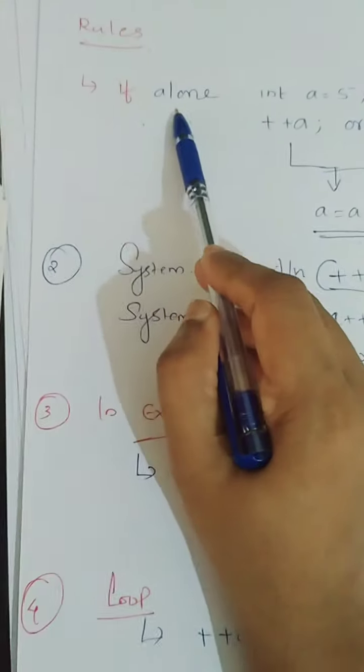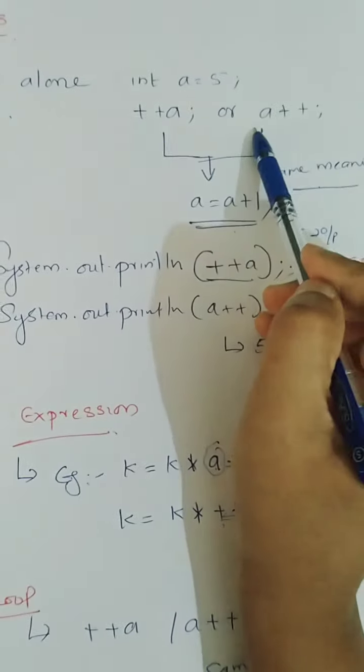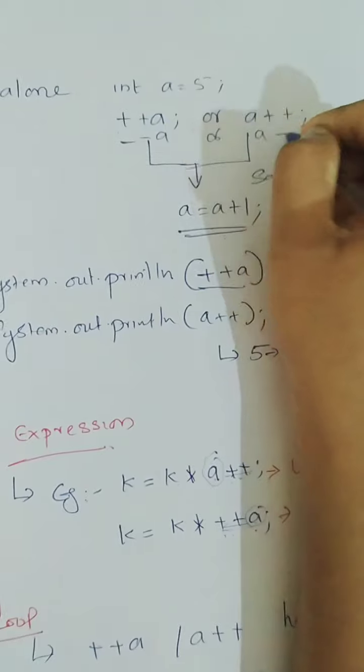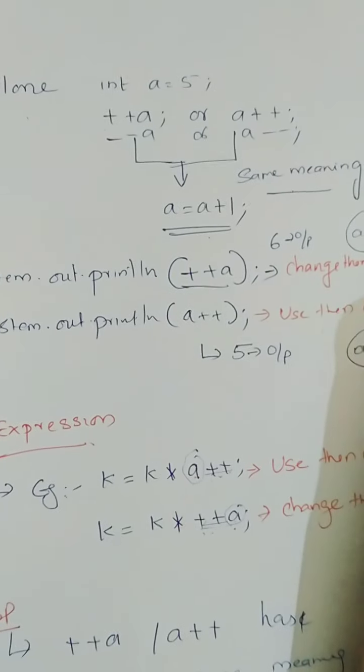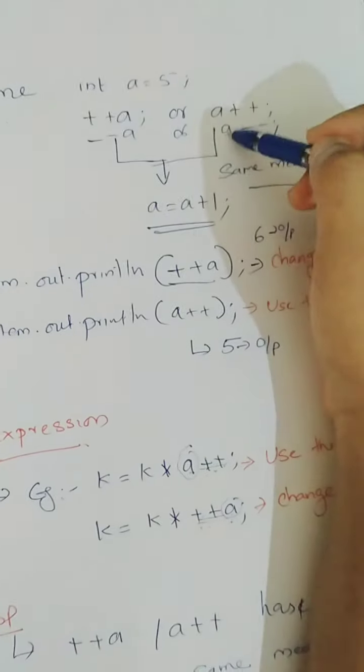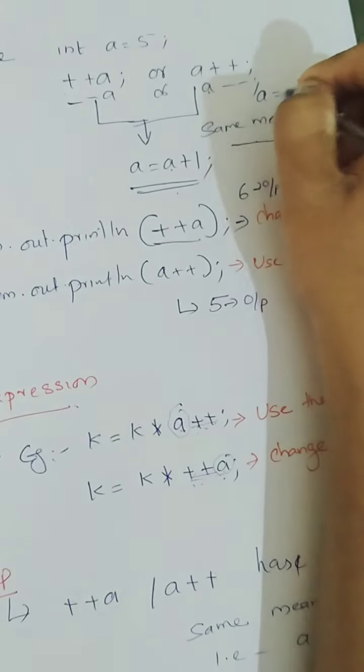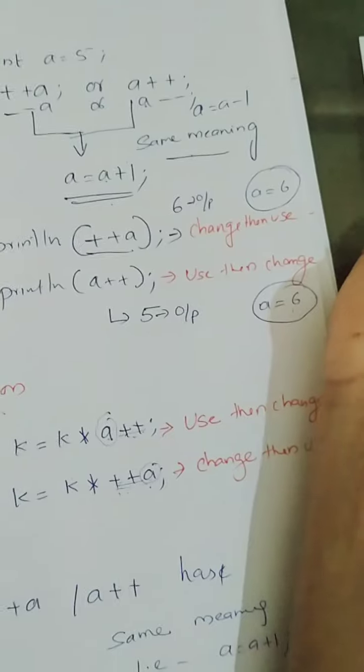So if it comes alone, that is ++a or a++, or --a or a--, both have the same meaning, that is a is equal to a plus 1 or a is equal to a minus 1.